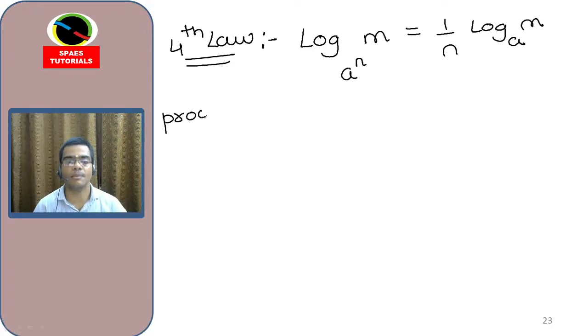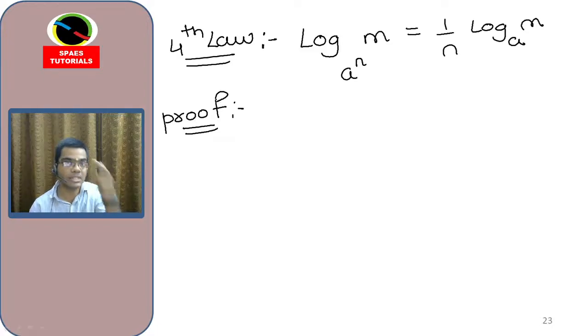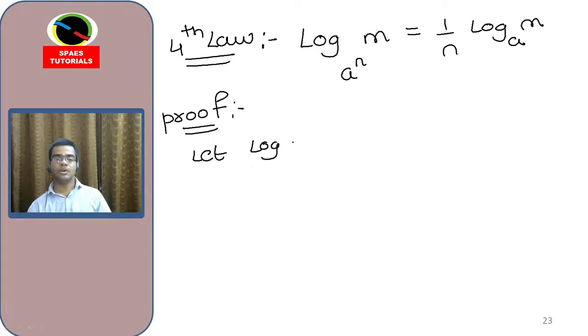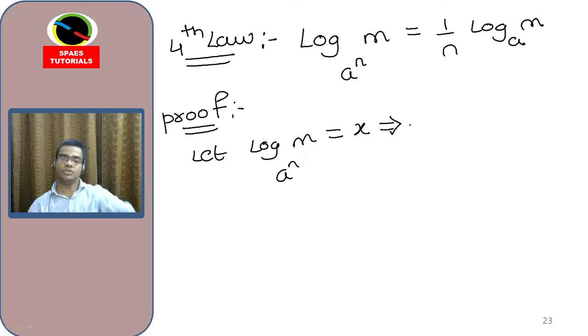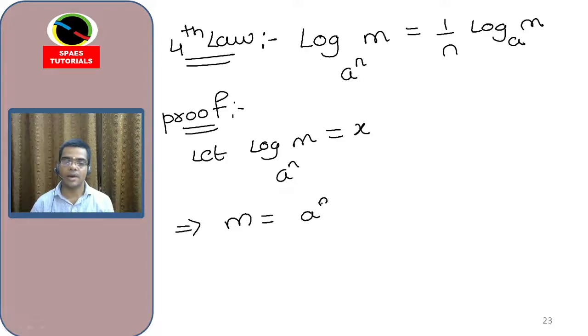It's an easy way to remember. When the power is there for m, it comes as a multiplying number. When the power is there for the base, it comes as 1 by that number. So let log m to the base a power n be equal to x, which implies m is equal to a power n whole power x, nothing but m is equal to a power nx.